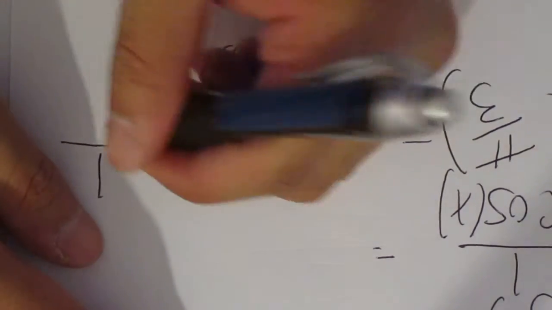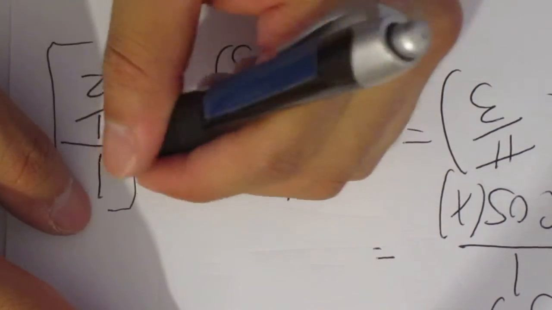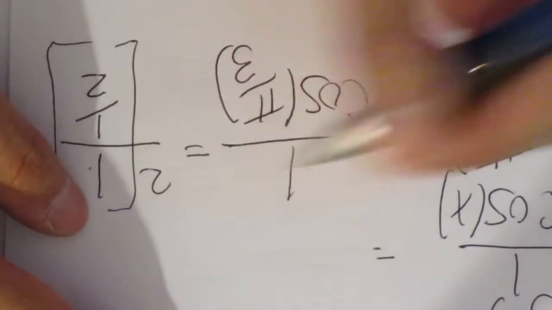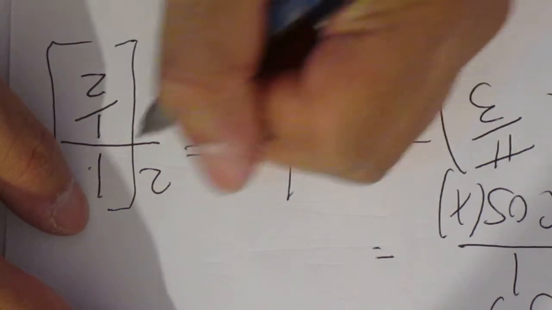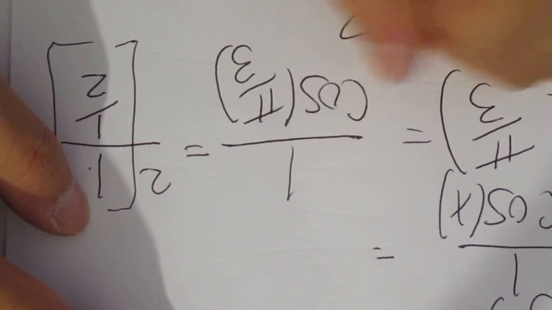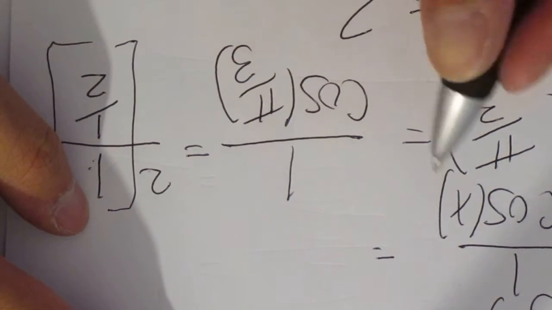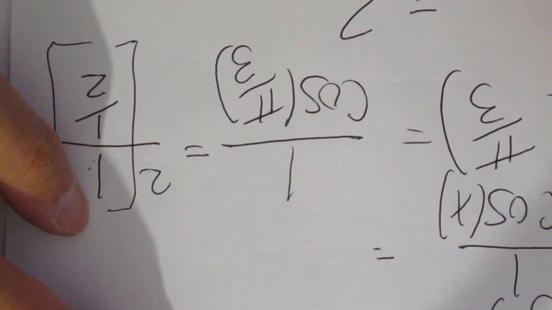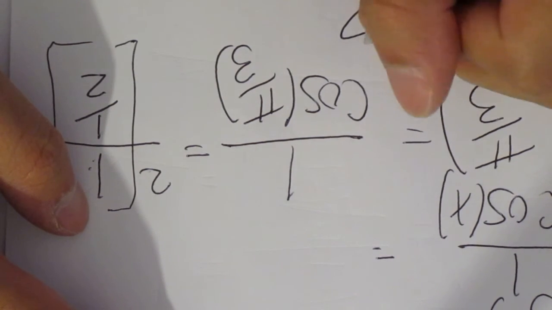We said it's 1/2. So here's 1 over 1/2, which equals 2 over 1, so 2. That cancels. So the secant of pi over 3 is just 2.